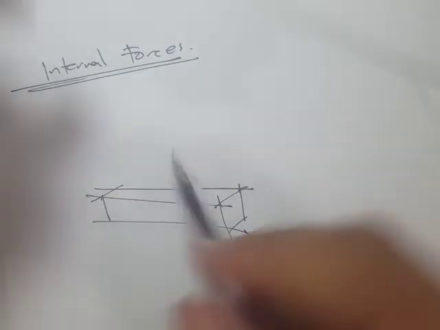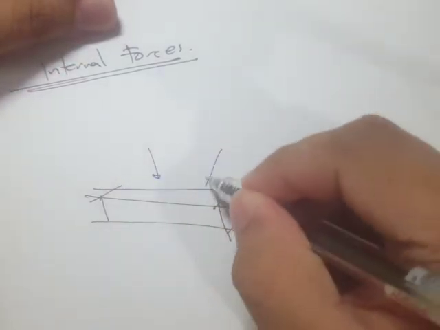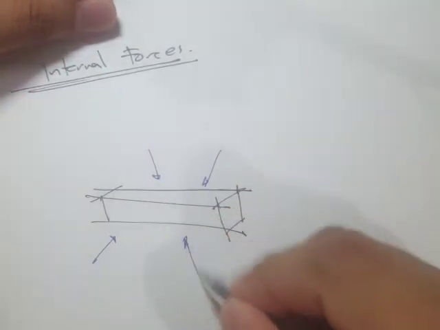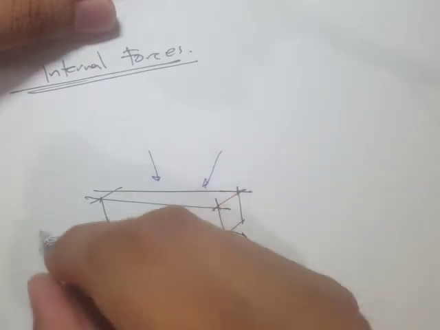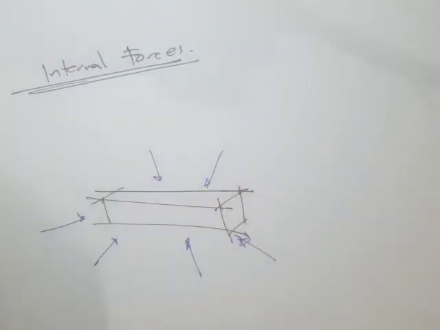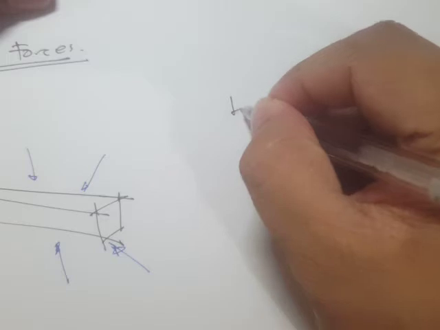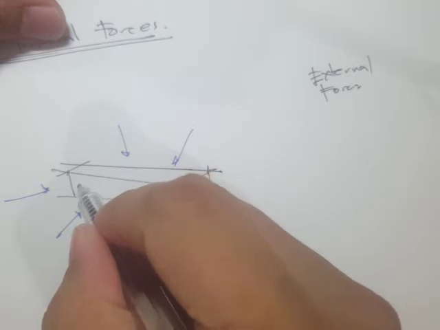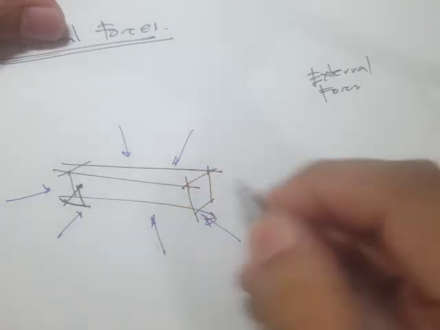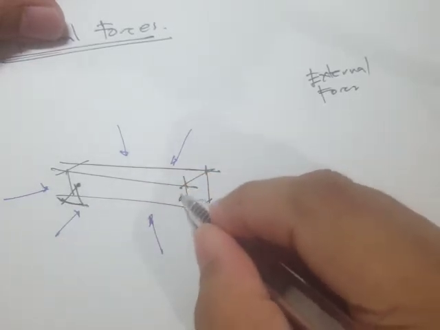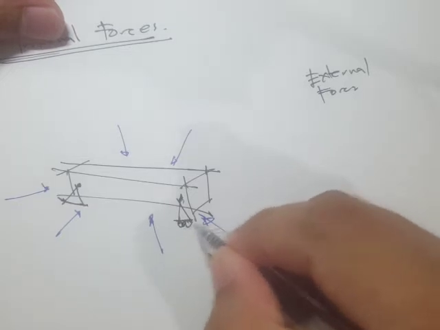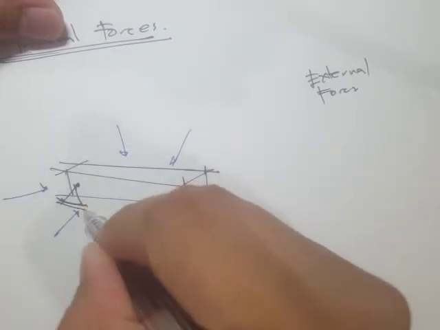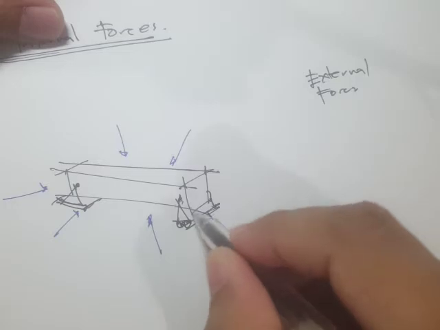Now let's say we subject this body to external forces, so we have arbitrary forces. Let's write here external forces. And let's say this body is being supported by some supports. Right here we have something like a roller support, and right here we have a pin support.